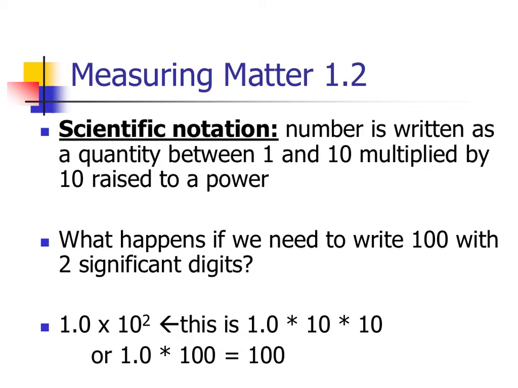So, a way to get around that is you convert that really big number into a small reasonable number and then another number that just indicates it's really big is what it comes down to.